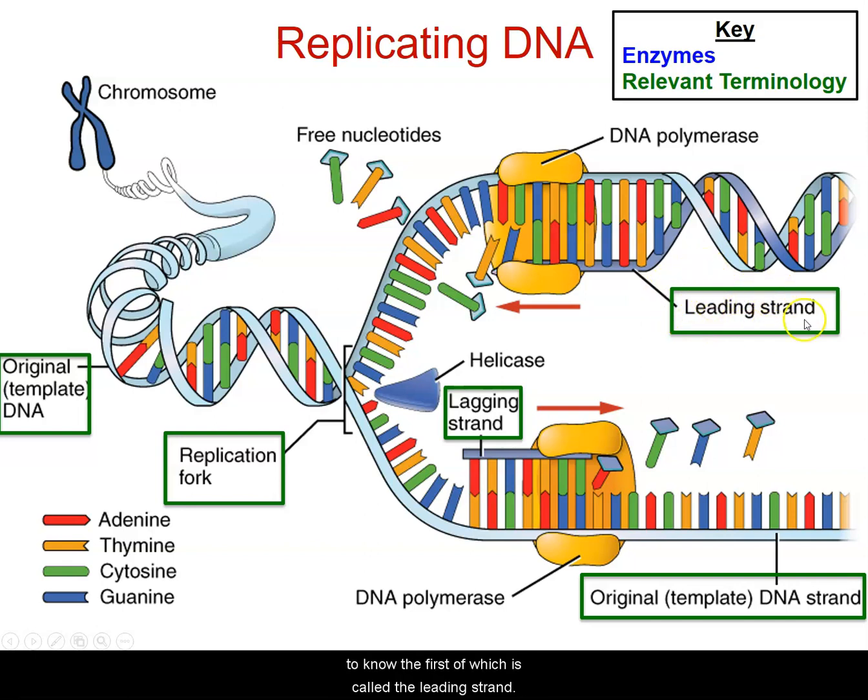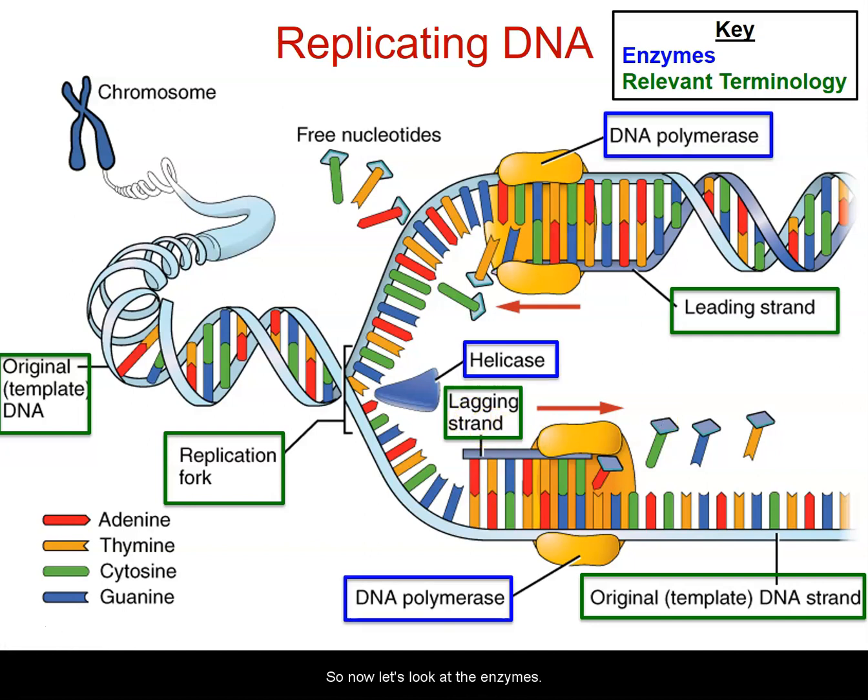The first of which is called the leading strand. Leading strand is the strand that is continuously replicated without stop. The lagging strand is the strand that's being replicated in the opposite direction, but because of how it's moving, it has to take breaks. And we'll talk about what that means in a minute.